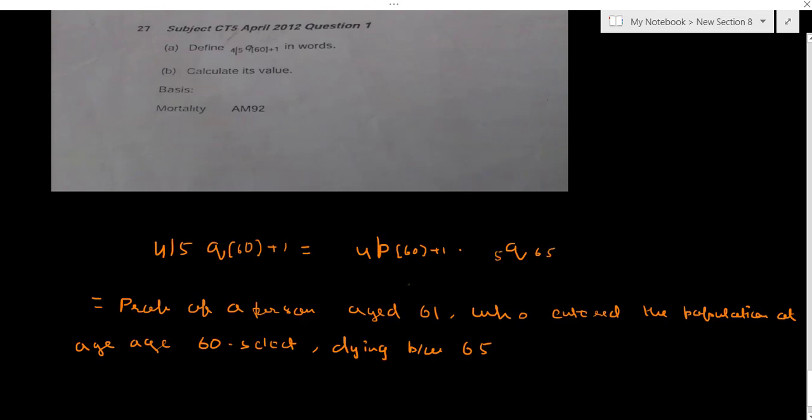So he has to first survive for 4 years, and then he has to die between age 65 and 65 plus 5, which is 70.